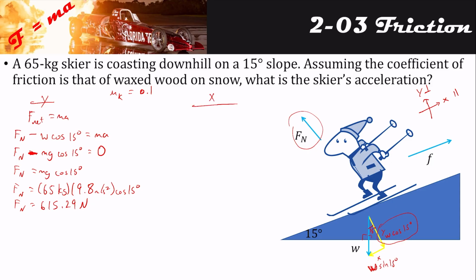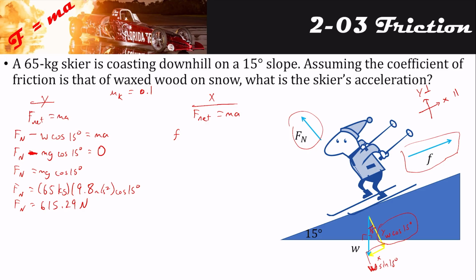Now let's work in the x. Net force equals mass times acceleration. If I'm dealing with forces, that's the formula. And in the x, I've got friction going uphill. In this particular problem, I'm going to call friction positive, because uphill is positive.